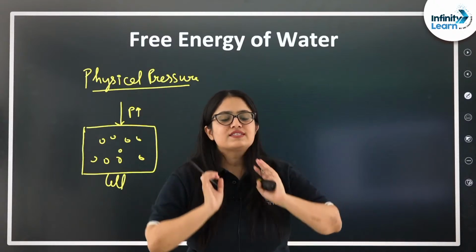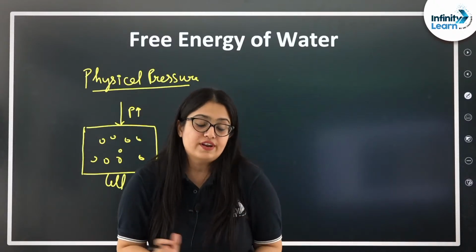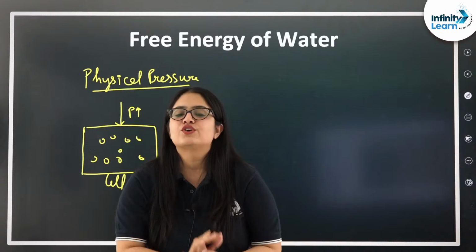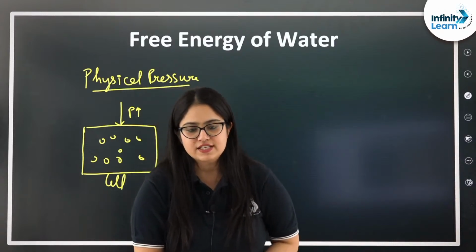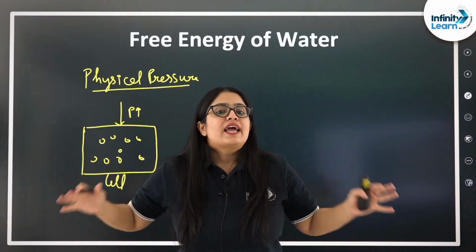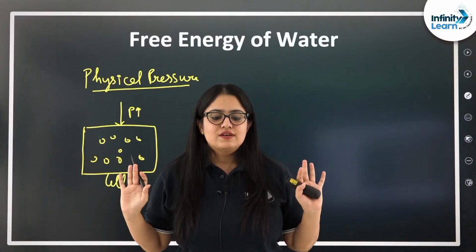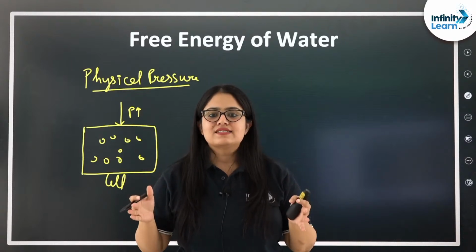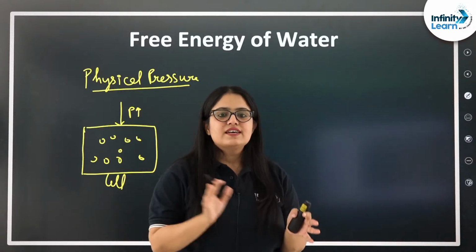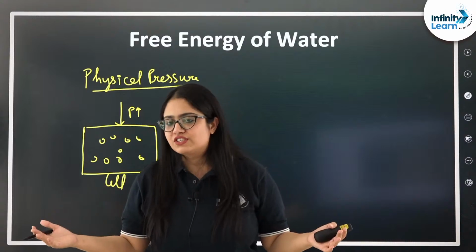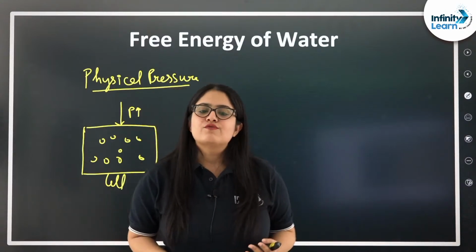So each water molecule possesses some electron density. When they are not under any pressure, each water molecule is present at a distance from the others where they are stable. They neither get too much attracted, nor too much repelled from the surrounding water molecules, right?